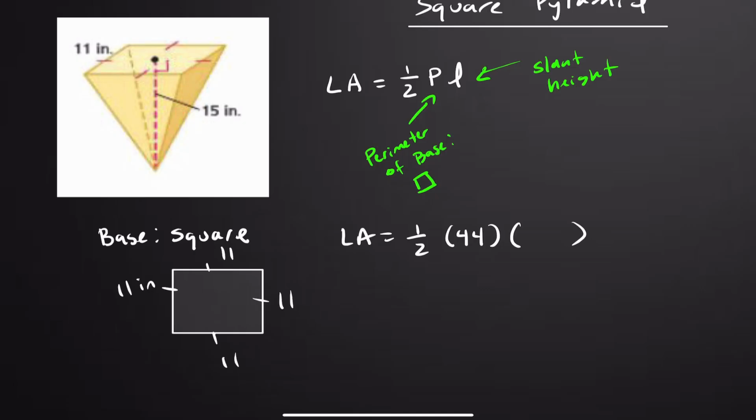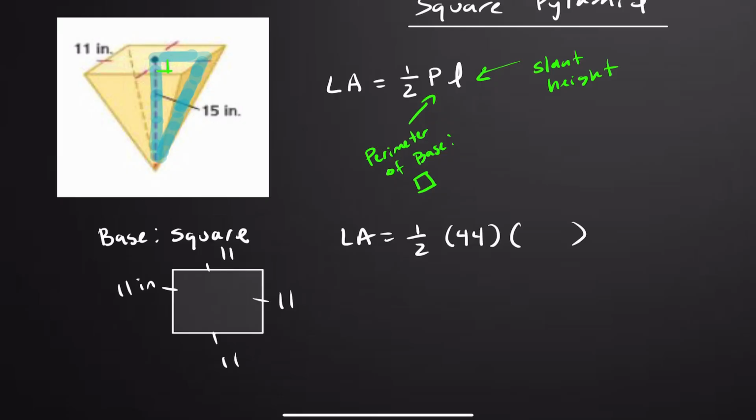Okay, so let me go ahead and use a highlighter to show that what we're dealing with right here is a right triangle. We have from the center to one of the sides, and then that's our height here. It's 15, and then this is our slant height. And note that we have a right angle over here. We're dealing with a right triangle.